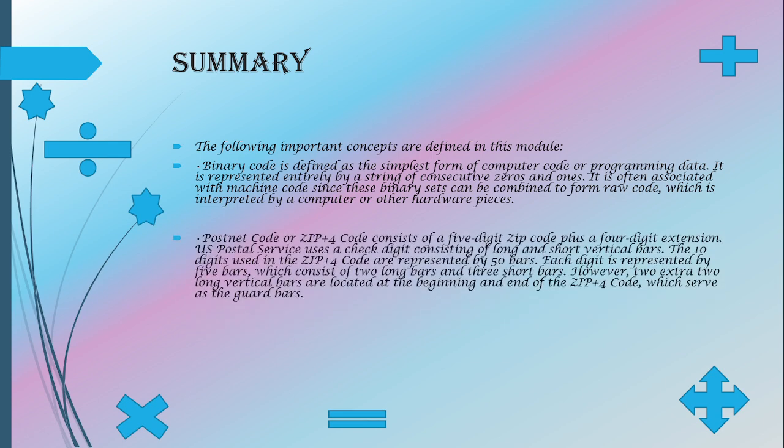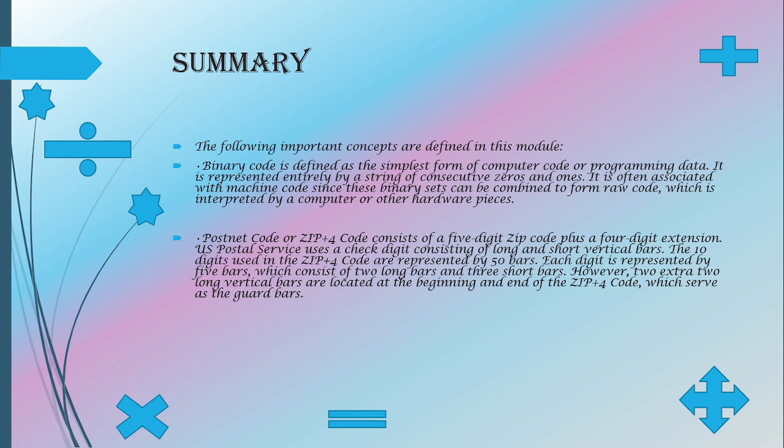POSTNET code or zip+4 code consists of a 5-digit zip code plus a 4-digit extension. The U.S. Postal Service uses a check digit consisting of long and short vertical bars. The 10 digits used in the zip+4 code are represented by 50 bars.